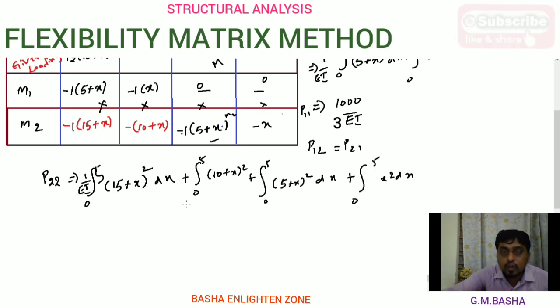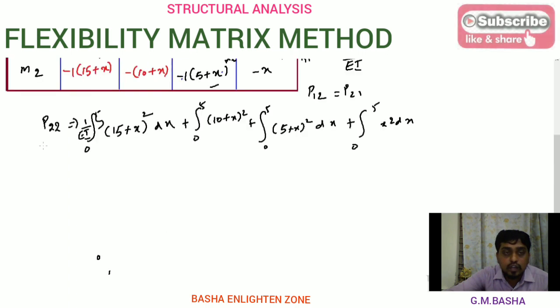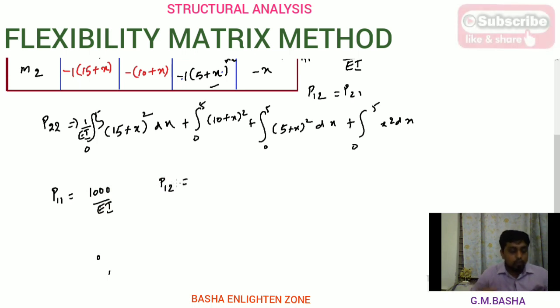So if you take down like that, I will give the values directly. Your obtained value for P11 will be equal to 1000 by EI. You please note down all these values, simplify on your own and check whether you get the same values or not.